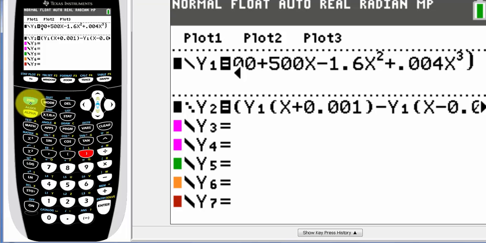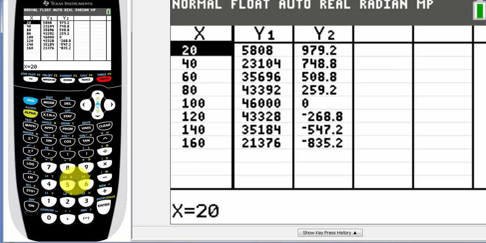So let's check out again the table of values. All right. And here are my marginal cost. Let's report this cost in our chart.